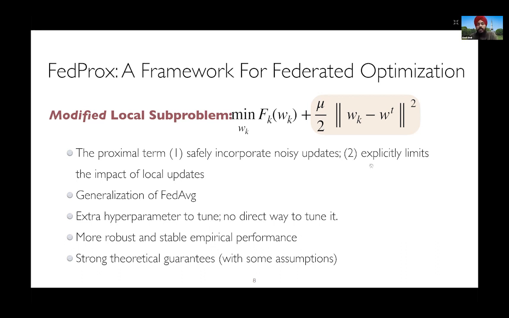Going into personalization makes it a little more complicated. We have even tested its performance on personalized models, but it does not work better as compared to, say, Per-FedAvg or whatever the personalized algorithms, because they care more about the personal models. Their global performance is bad. So there is a trade-off between the global model performance and the local model performance. Here we are mainly focusing on the global model performance. For the local model, we need additional fine-tuning steps to match the state of the art.